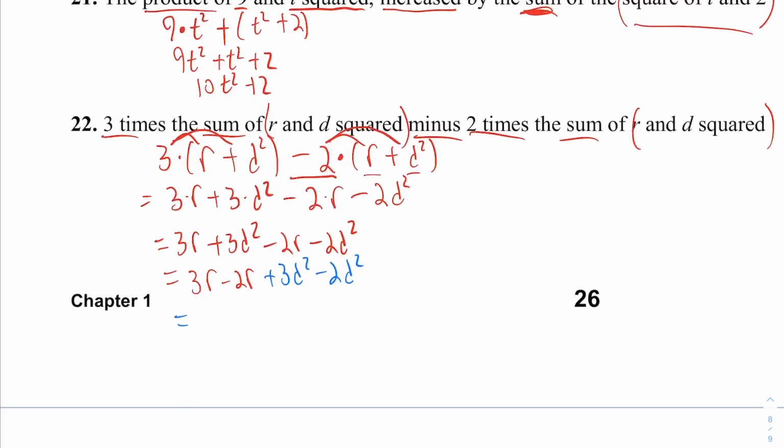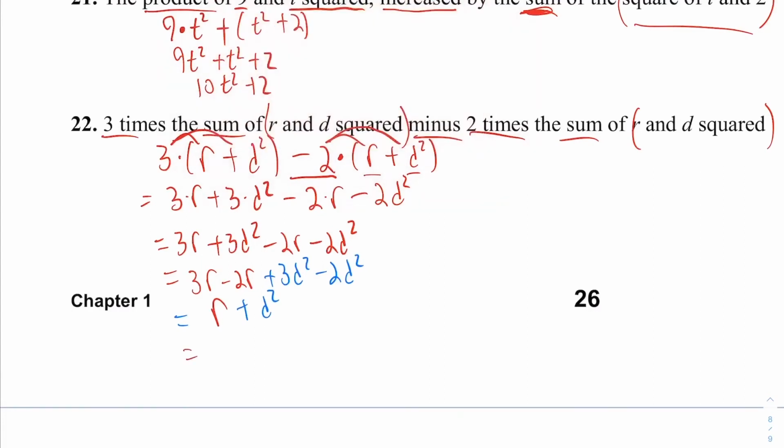My r's, 3r's minus 2r's. 3r's minus 2r's are going to leave me with 1r, just the single r. And then 3d squareds minus 2d squareds is going to leave me with just a single d squared.